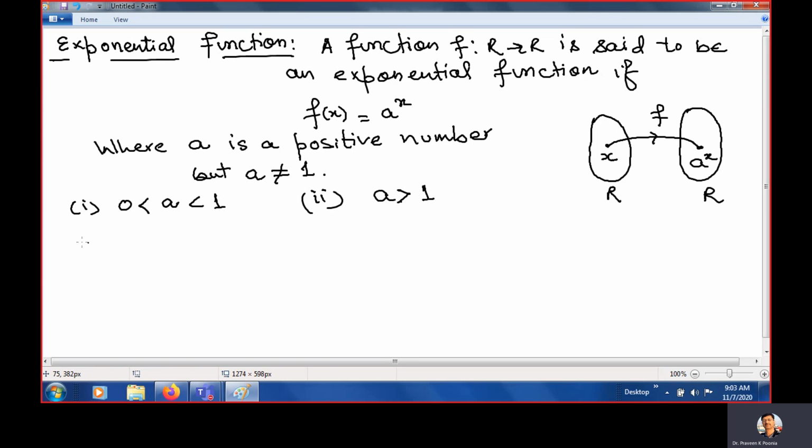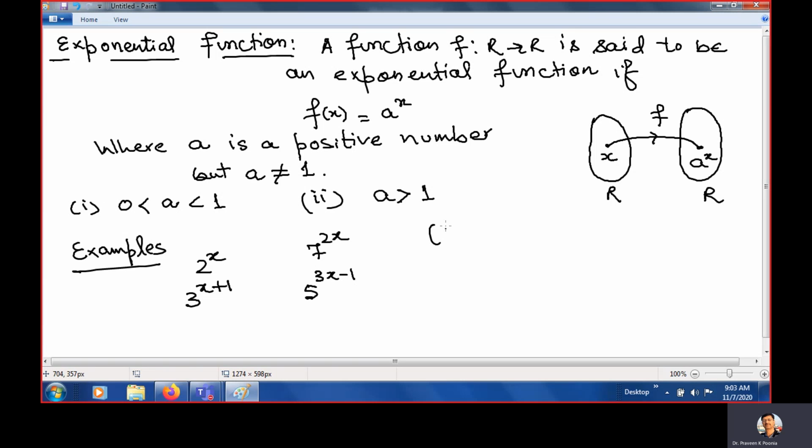If we see examples of this, there are 2^x, 3^(x+1), 7^(2x), 5^(3x-1).